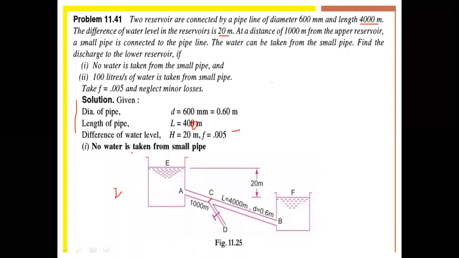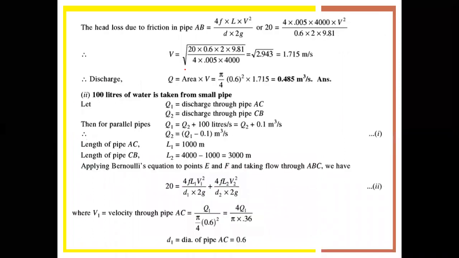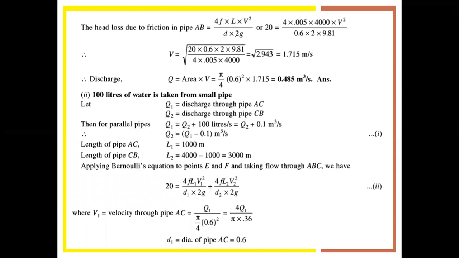Okay, next. The difference in the water level is H equal to 20. So see here, H is equal to 20 and F is given in the question as 0.005. Now take the first thing, no water is taken from the small pipeline. Therefore, the head loss in AB is equal to HF, that is 20 equals 4 into L into F into V square by D into 2G.